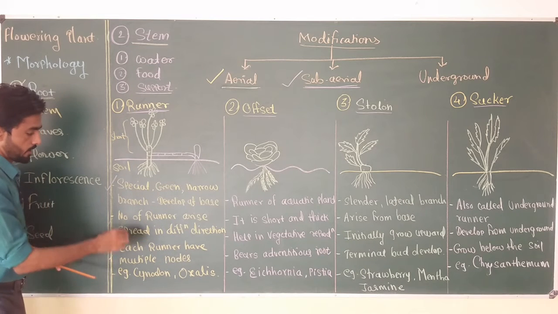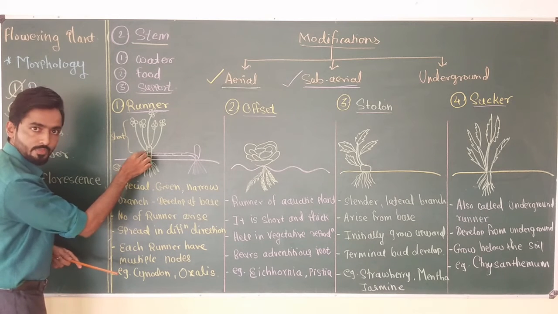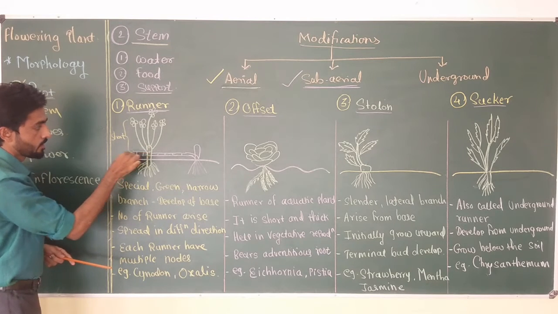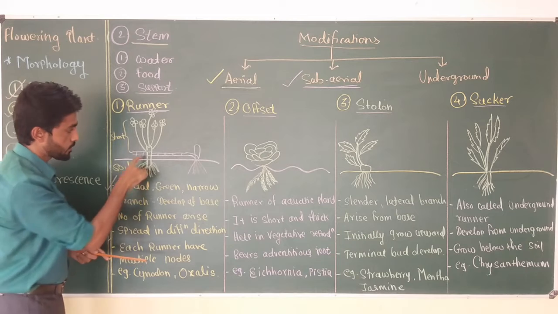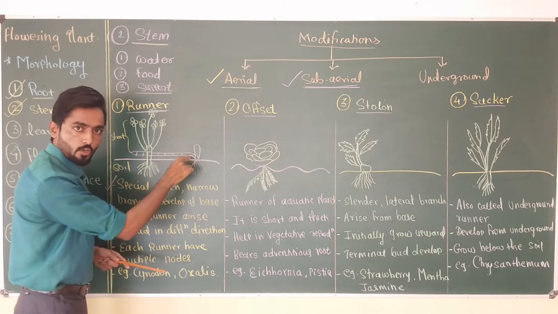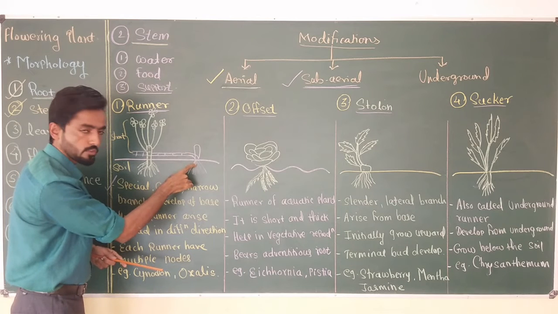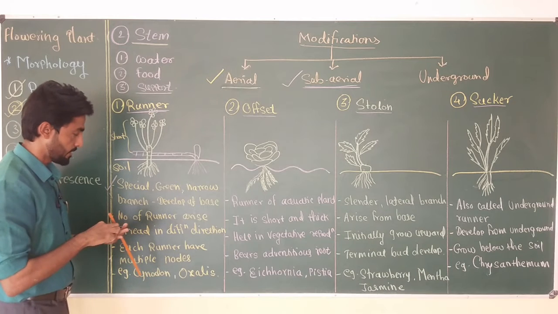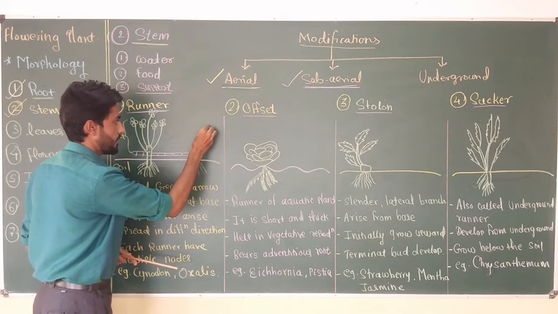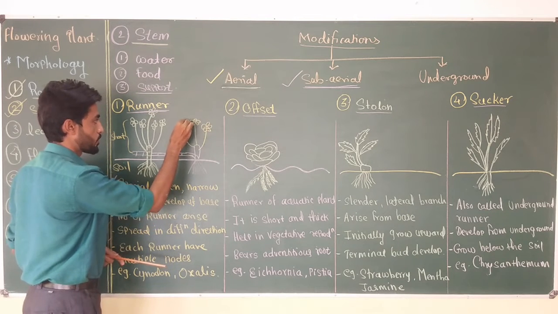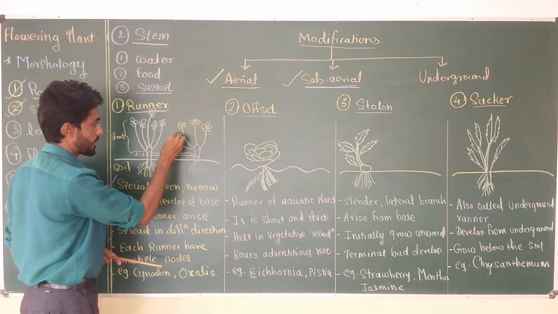So a number of such runners can be produced in all possible directions on a single plant, and after growth they grow horizontally on the soil surface, and when they touch the soil surface an adventitious root system is produced, and on this root system again a shoot system is produced, which shows growth of fruits and flowers.